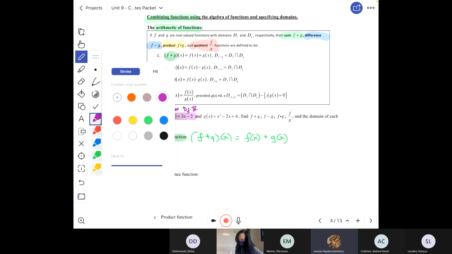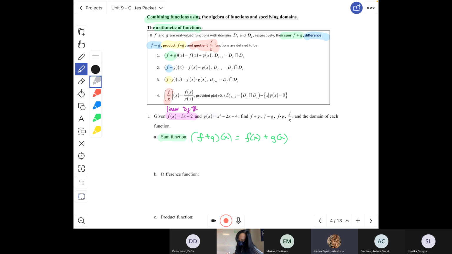Okay, and then let's say I go ahead and give you g. What type of function is that? Okay, and what's its domain? So if I ask you to take the sum, I may give it to you in this format. You need to know that that means the same thing as this. This is just an abbreviated version.